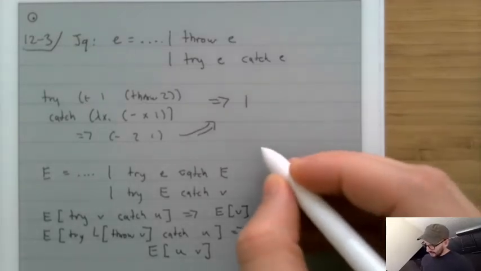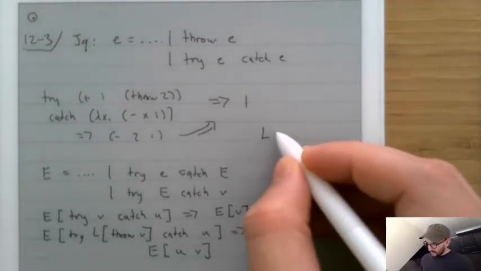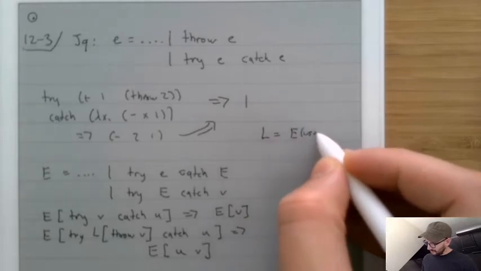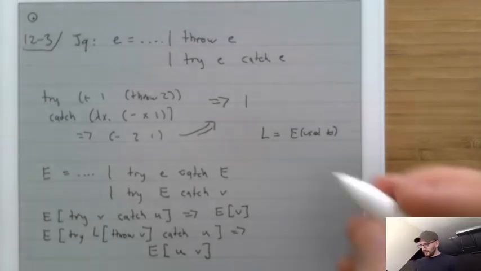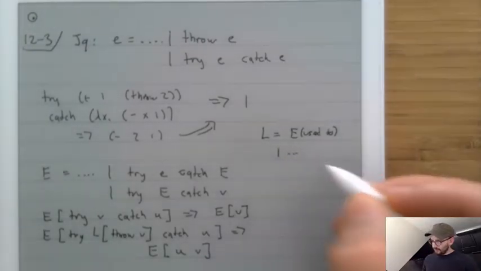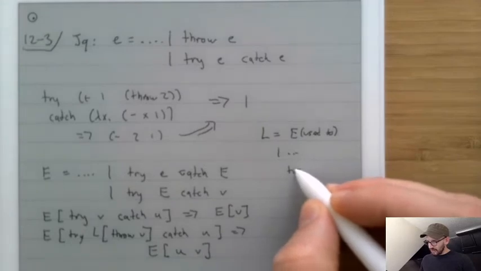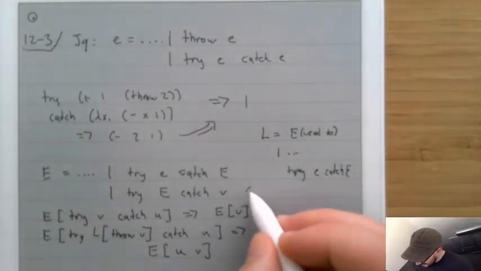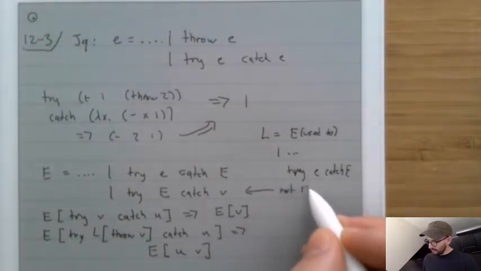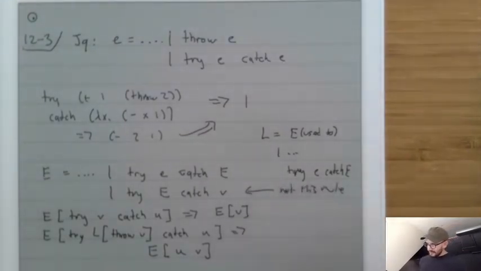So L is going to be what E used to be. So whatever it used to be for J8. But it's going to have only one more rule, and that one more rule is just try E, catch E. In other words, it doesn't have that rule, not this rule. What this means is that this L right here is a piece of code that does not have a try in it anywhere. Meaning that this catch right here is the closest one.